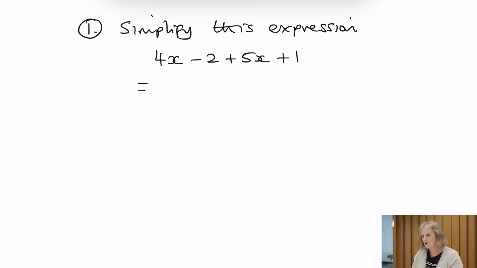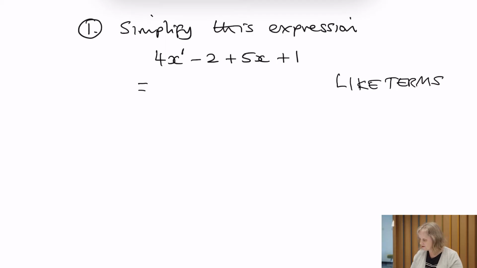Each of those are terms, and when we're adding and subtracting, we need to look for what we call like terms. This is very specific in math: we want to look for terms that have the same variable with the same exponent. Here we can see we've got 4x. We recognize that the exponent must be 1 because nothing is written there.